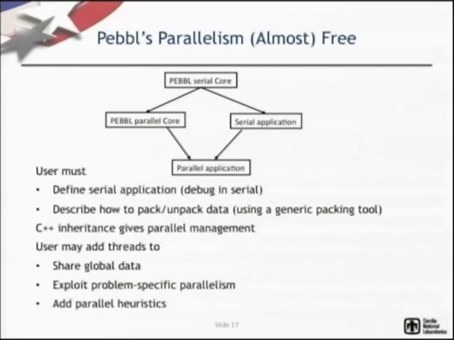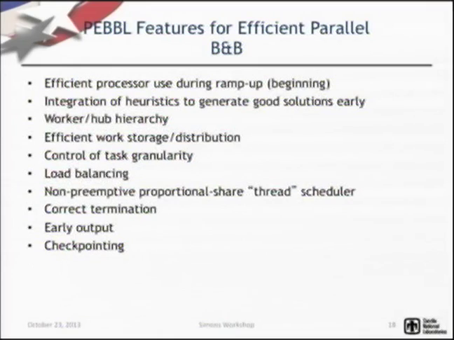Now you can also take advantage of parallelism by doing some problem-specific parallelism if it's beneficial for your problem. I don't have time in this talk to go into all of the features that PEBBL has for doing fast parallel branch and bound. I will talk about a couple of them. In particular, because we want to run on very big machines, we do checkpointing. We do early output.